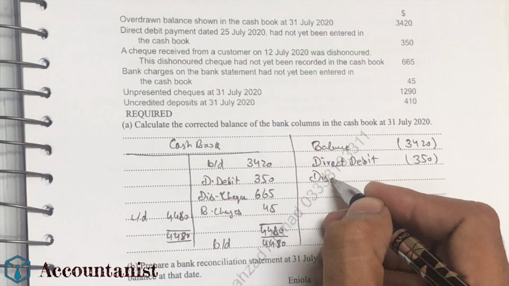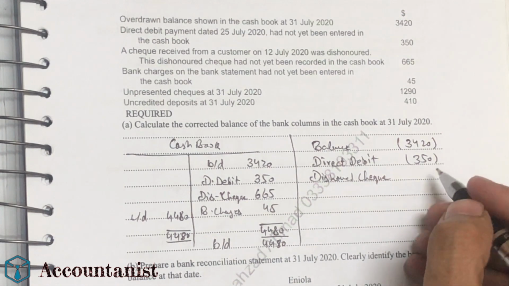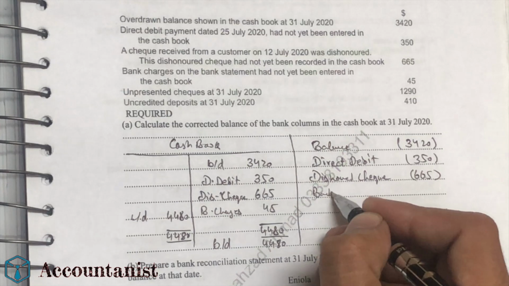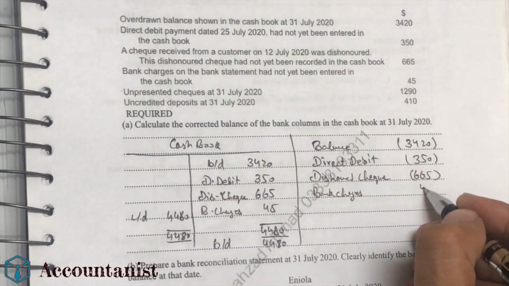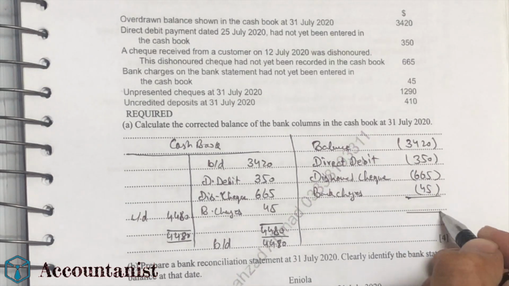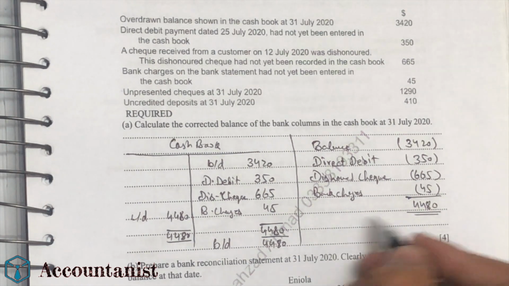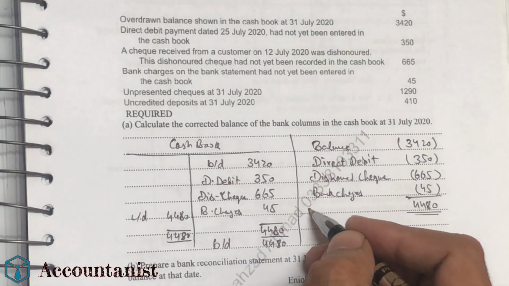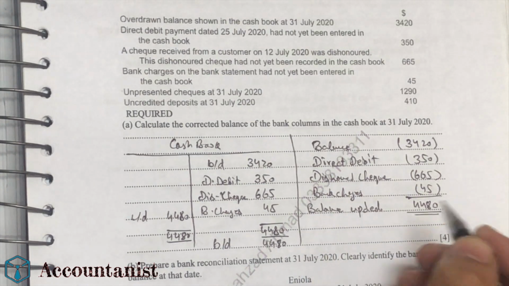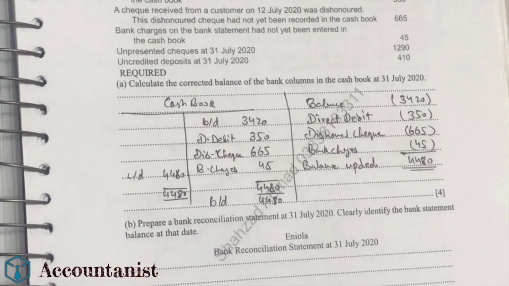The dishonored check is again going to reduce our bank balance, so we deduct this again, and the bank charges are also going to be deducted from our bank balance. If we do our working like this, we get the same answer, 4480. That will be my updated cash book balance. This is step 1, the first requirement for the 4 marks.